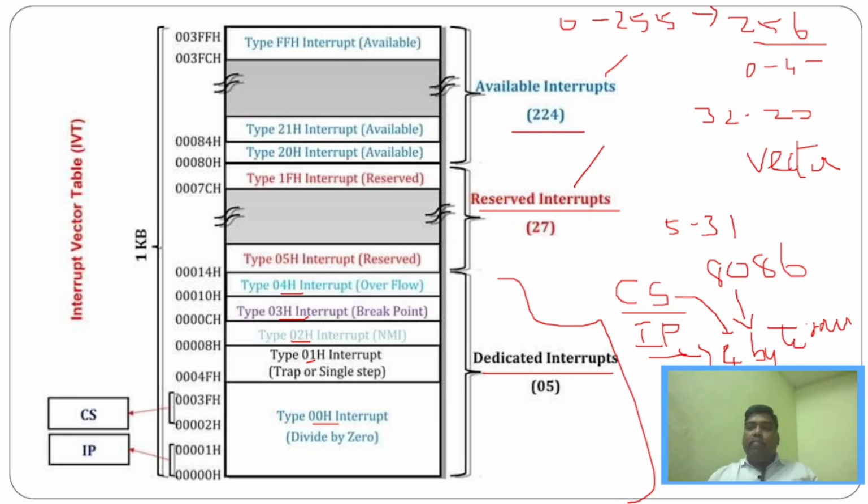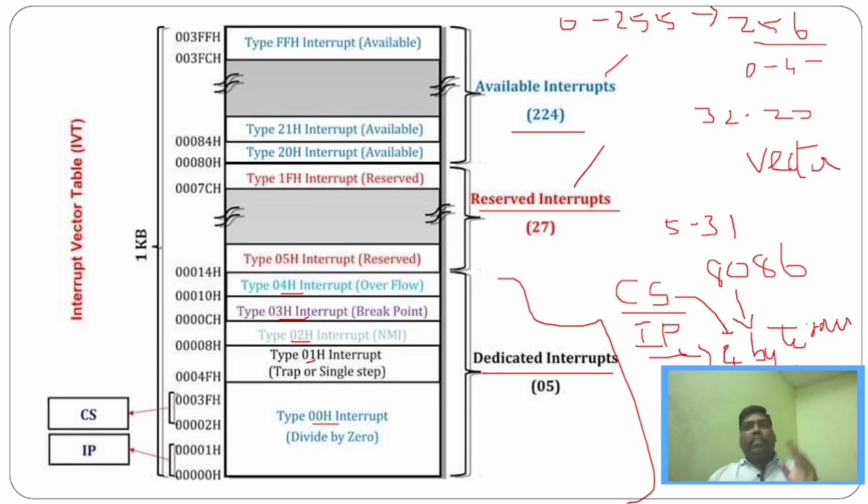Since there are 256 interrupts, 256 into 4 is around 1 KB. So the interrupts alone take 1 KB of memory in the 8086. Now you understand why CS takes 2 bytes, IP has 2 bytes, and each interrupt has a 4-byte address.